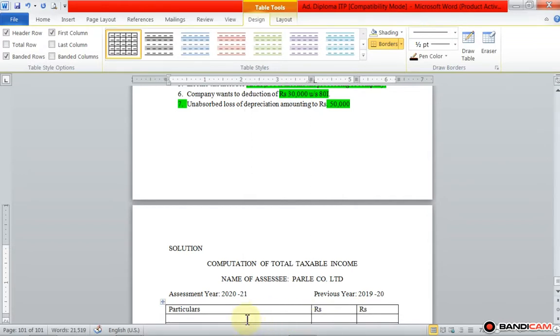Here the first point is income from business.